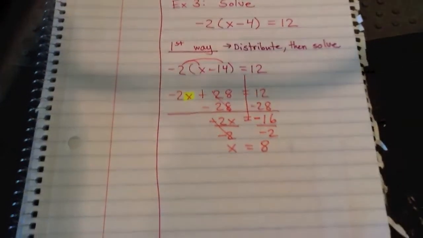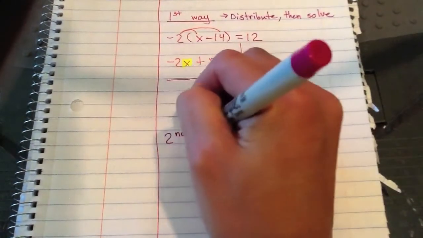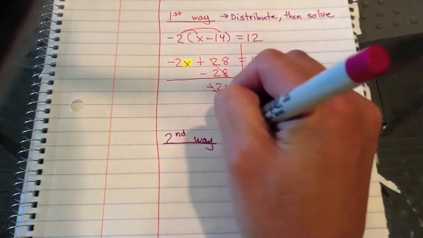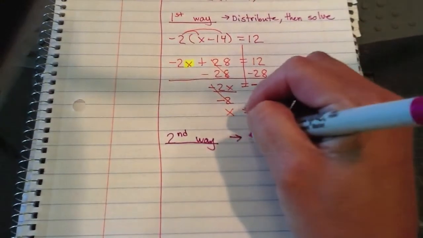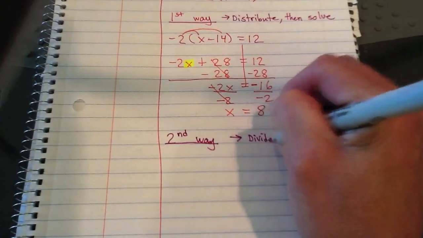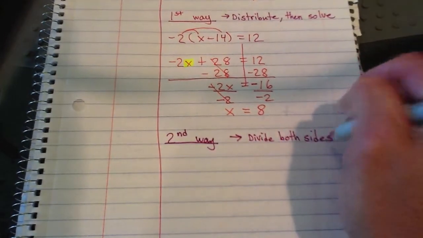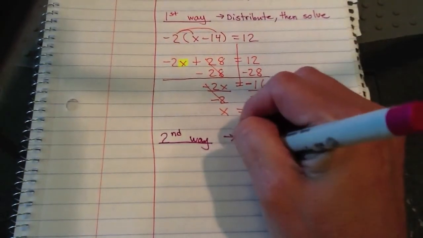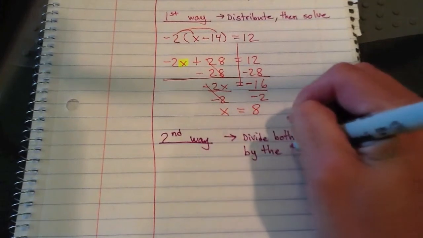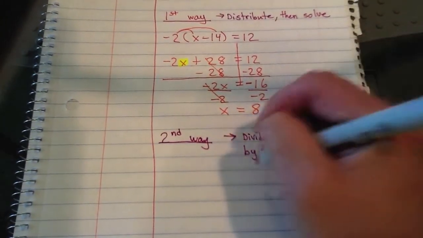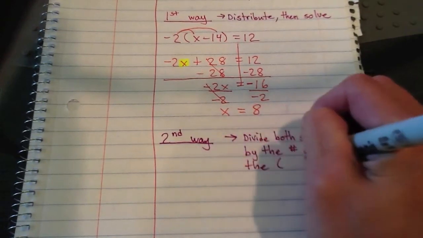The second way, you're going to divide both sides by the number outside the parentheses.